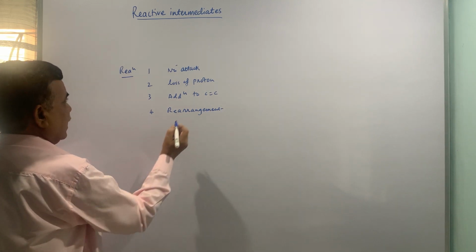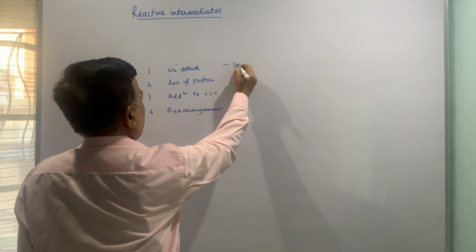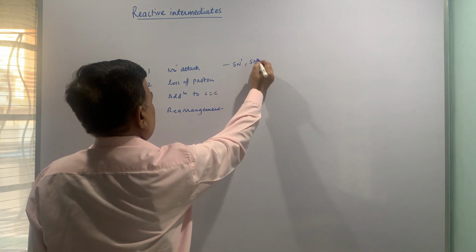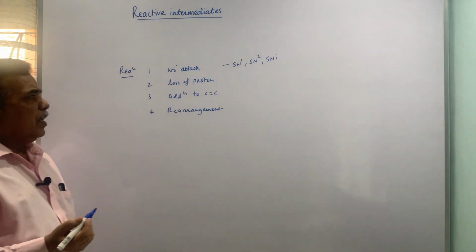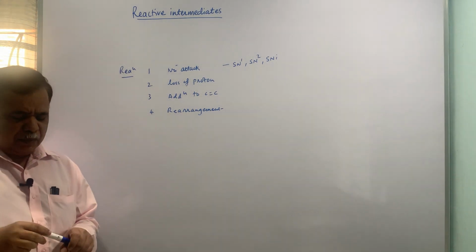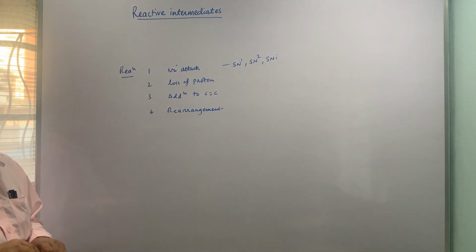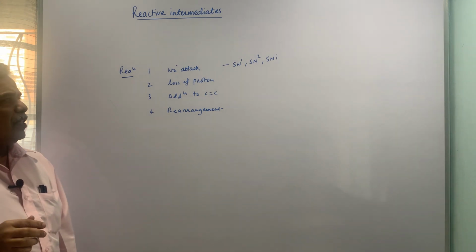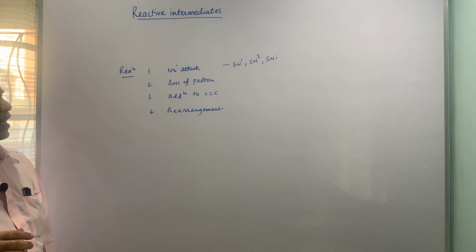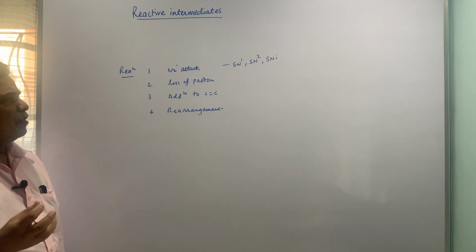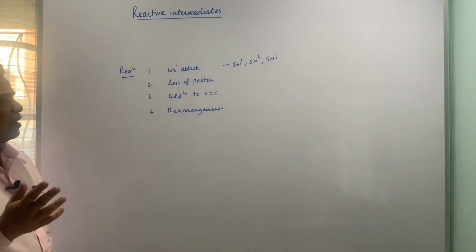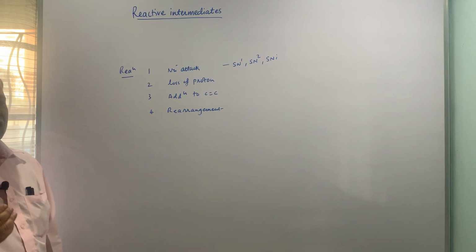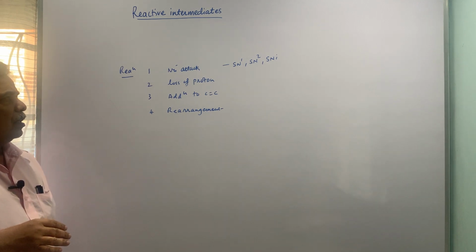So nucleophilic attack, the well known examples are: whenever a carbonium ion is there, say for example in case of SN1, heterolytic cleavage of a tertiary halide makes the carbonium ion, and that carbonium ion is labile to nucleophilic attack including water, and you get alcohol.